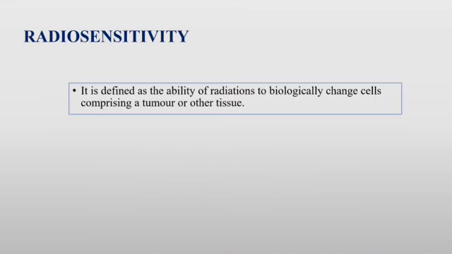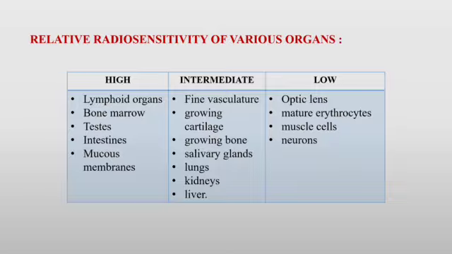So what is radiosensitivity? It is defined as the ability of radiation to biologically change cells comprising a tumor or other tissues. So let's have a look at the relative radiosensitivity of various organs. It can be classified into high radiosensitivity, intermediate radiosensitivity, and low radiosensitivity. High radiosensitivity organs include lymphoid organs, bone marrow, testis, intestine, and mucous membrane.